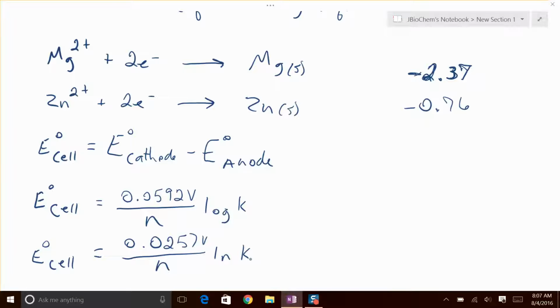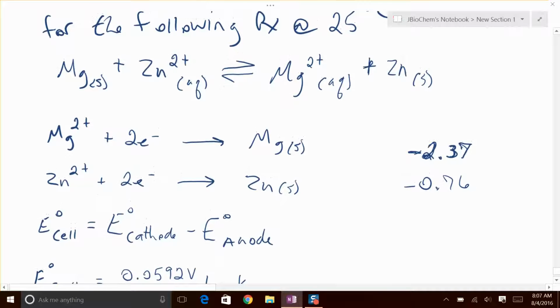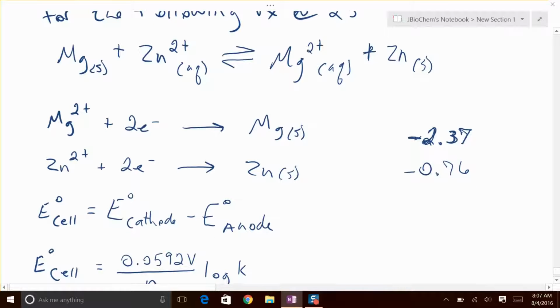Isn't the top equation Mg2+ plus 2e, shouldn't it be, is it fine like that, or does it need to be Mg2+ on the other side? What do you mean? I'm sorry. Like, the 2 plus is on this side of the equation? No, this is how it needs to be.